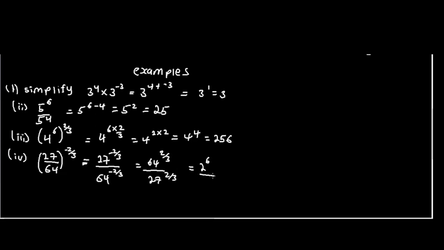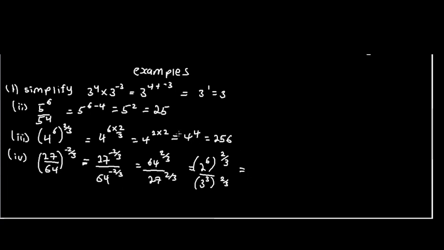And for 27, it is 3 to the power 3, since 3 times 3 is 9, times 3 gives us 27. So we have 2 to the power 6 in brackets, because this is only for 64, multiplied by 2 over 3, and even for 3 cubed, multiplied by 2 over 3, and this is also an index.